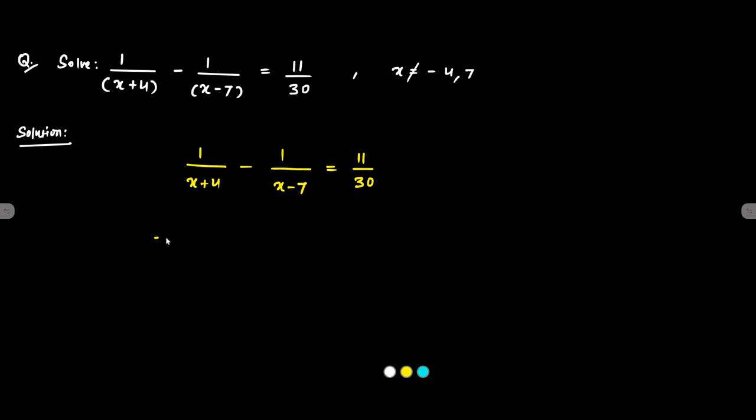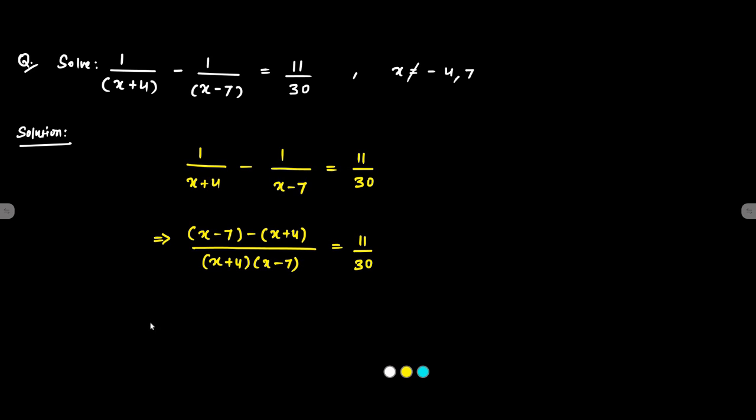That implies, in the denominator, x plus 4 into x minus 7, so here it's x minus 7, and here it is x plus 4, is equal to 11 by 30.